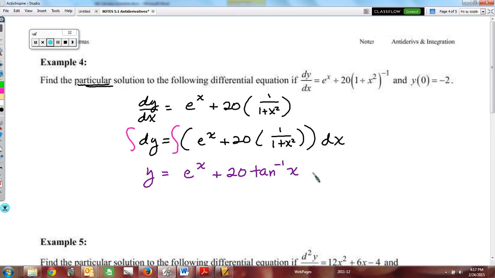And then remember, you always have to start with the general plus c. Then you're going to use your given information to find c. So we're going to use the fact that when x is equal to 0, y is equal to negative 2 to find the constant of integration.